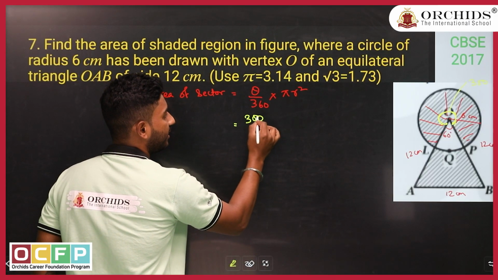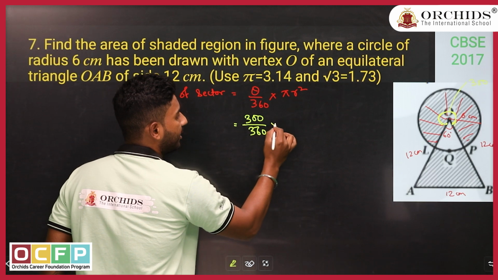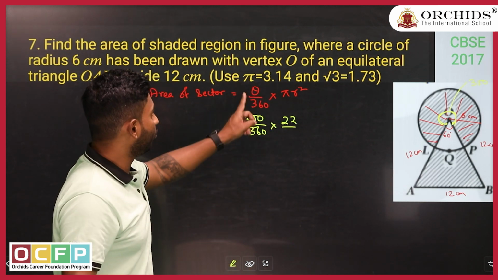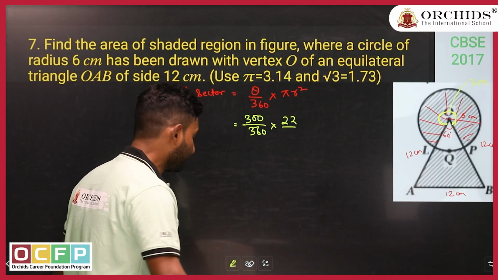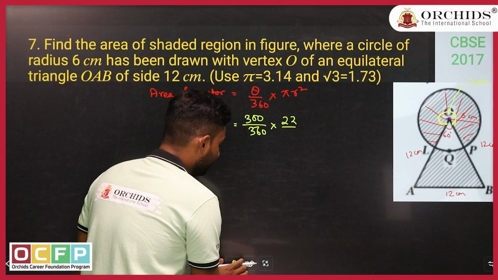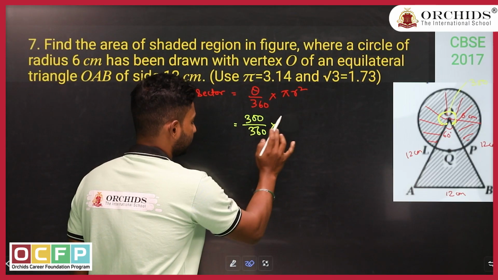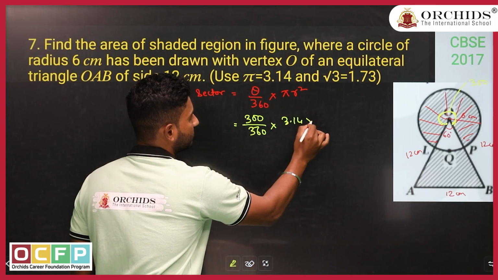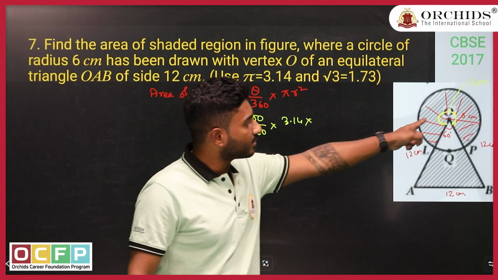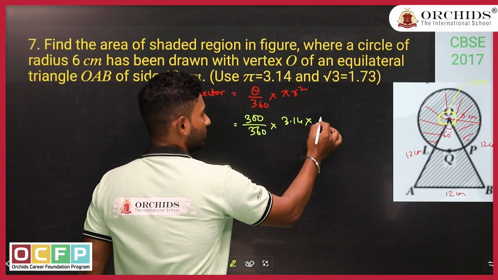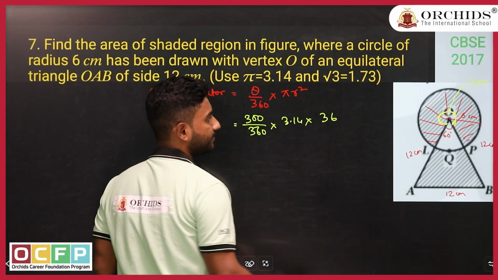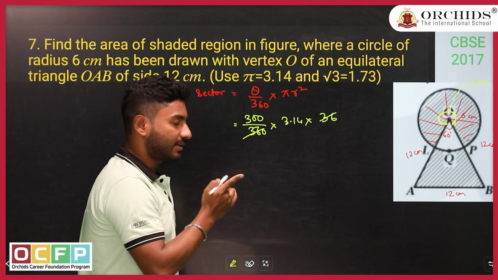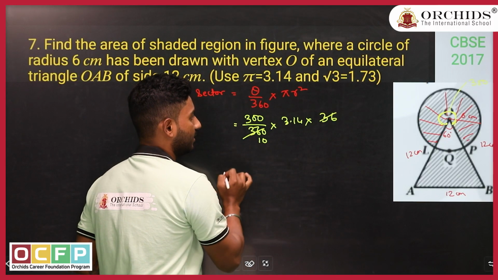So 300 divided by 360 into pi. Oh, they have told you to use the value of pi as 3.14, so you can't put 22 by 7. You have to put 3.14. R square, what is R square? We have written there 6, right? So 6 square, that is 36. Okay, 36 and 360 cancel out, 10.